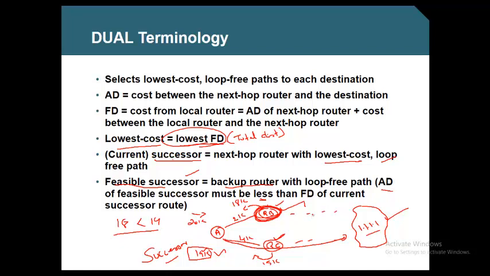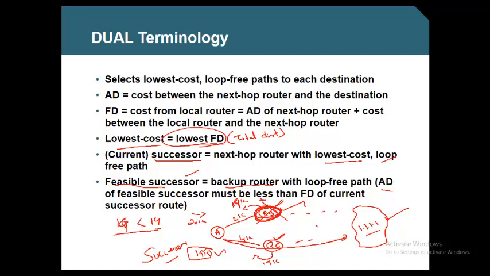If in case this is 19, no. Is AD less than the FD? No. Then this will not be considered. Even though the path is available, it won't be considered as a backup path. You will not see that path in the topology table.